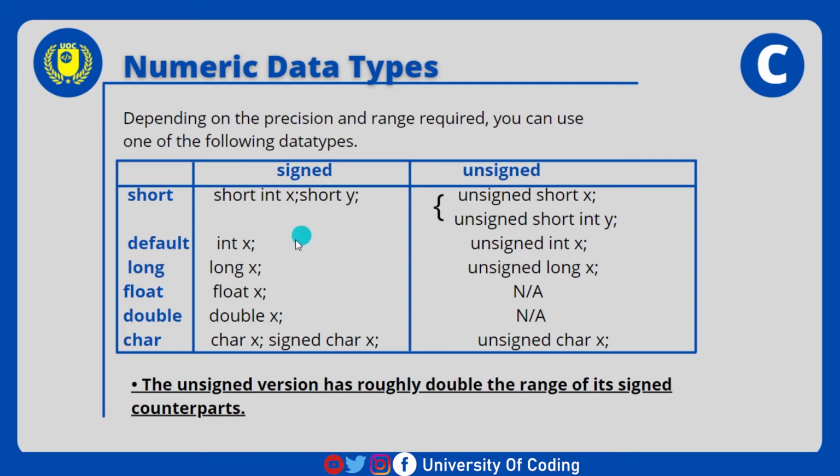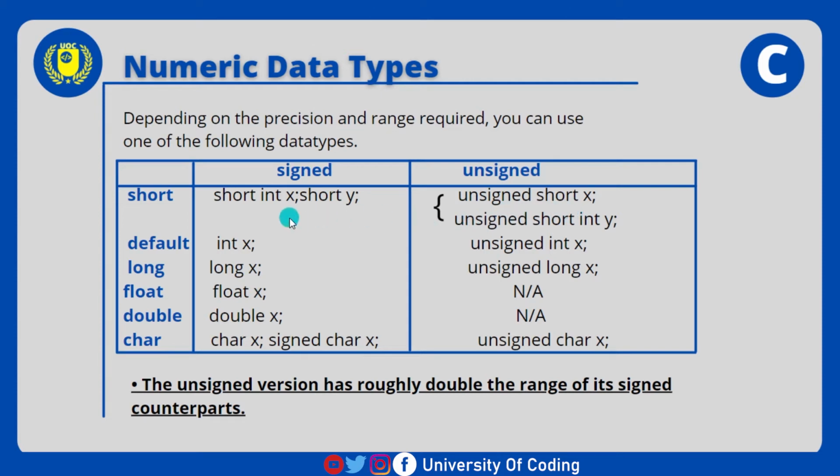So if you are dealing with only positive values, then consider the unsigned short x declaration. Or if your variable is engaging in negative and positive values both simultaneously, you can declare like this. The main important difference you have to notice here is, for unsigned you have to mention unsigned short x.